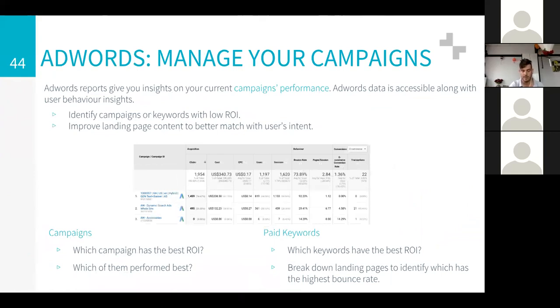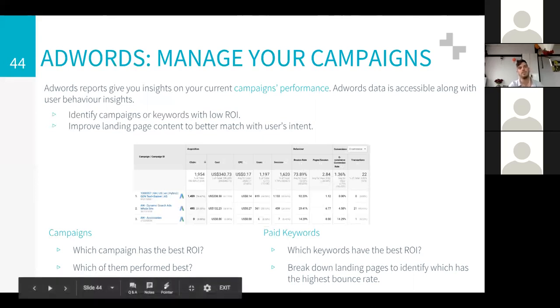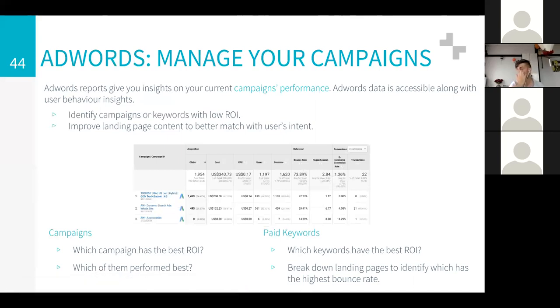But what I like with the integration of AdWords in Analytics is that, along with the metrics from AdWords, you will see metrics from Analytics, such as how much they have engaged or the bounce rates. So you will be able to see which campaign is performing the best, which keyword brings the traffic, but also see the type of landing pages that are not working.